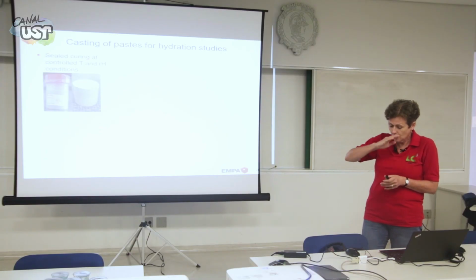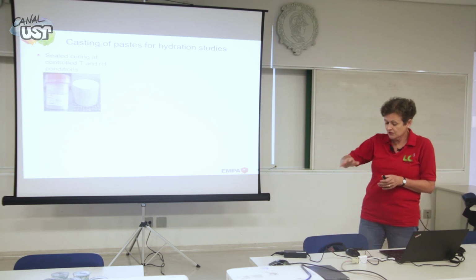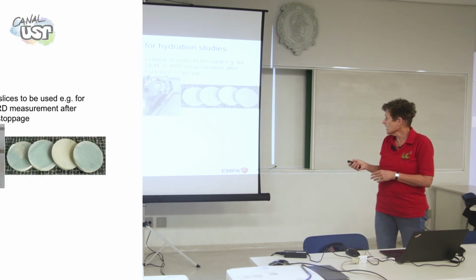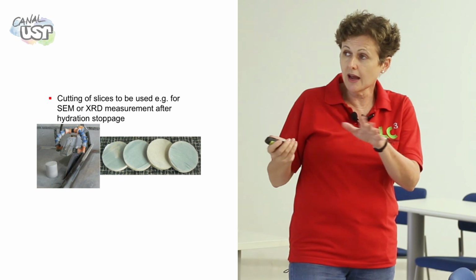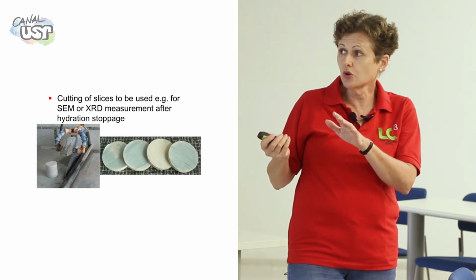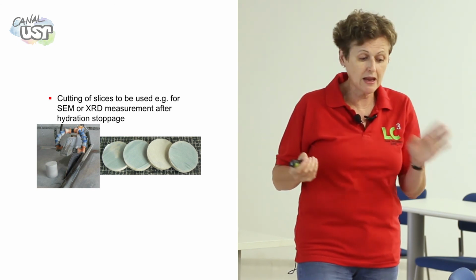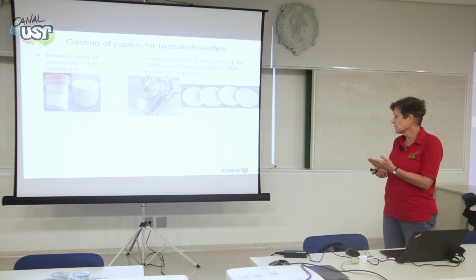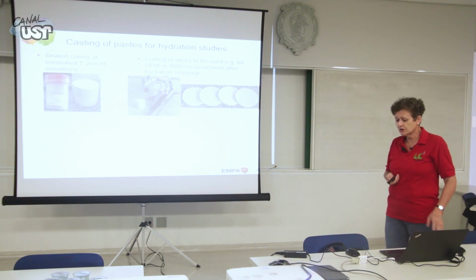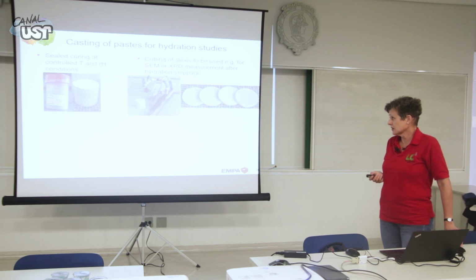You always have to remove the end and then cut a fresh slice. But then you can cut a nice slice, lightly polish it, and look at that surface by X-ray diffraction without having to dry your sample or in any other way prepare it, which is extremely convenient and also good because then you have the best quantification of phases like ettringite, as we'll see in the next lecture.